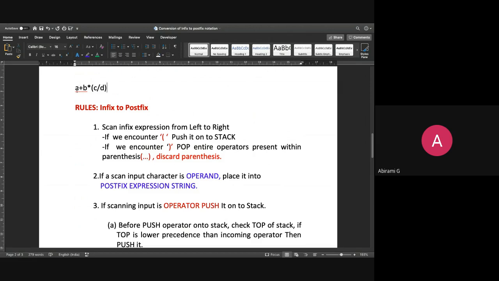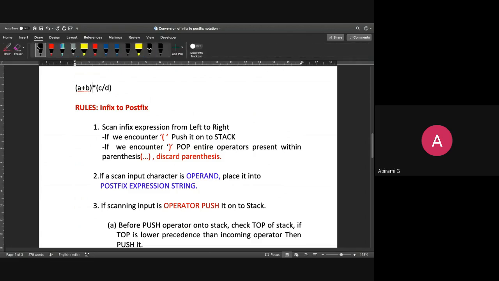Scan the infix expression from left to right. If we encounter an open parenthesis, push it onto the stack. Suppose if you find any open parenthesis in this expression, directly we can push it onto the stack. If we encounter a close parenthesis, then pop the entire operators present within the parenthesis and discard the parenthesis.